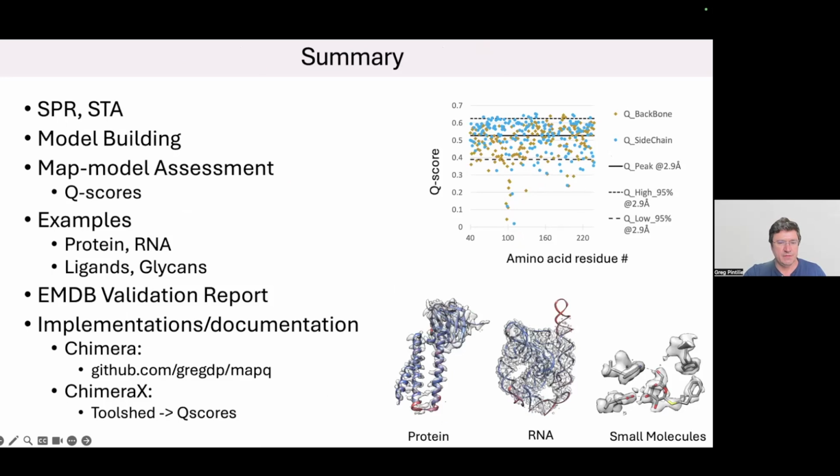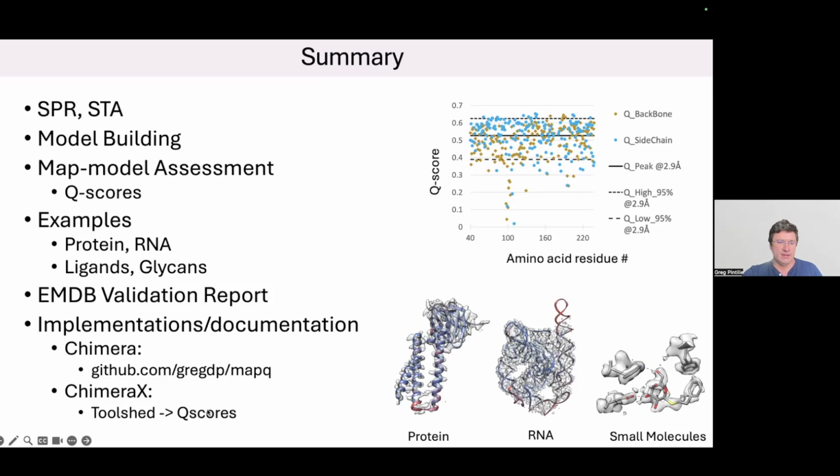Outside the validation report, we have these tools in Chimera and now in ChimeraX. In Chimera, it can help you visualize these per-residue Q-scores. You calculate the Q-scores, then there's a button that will color code the ribbon, so you can use that as a visual guide.